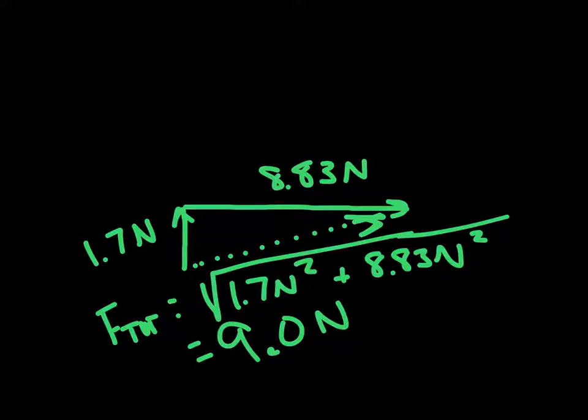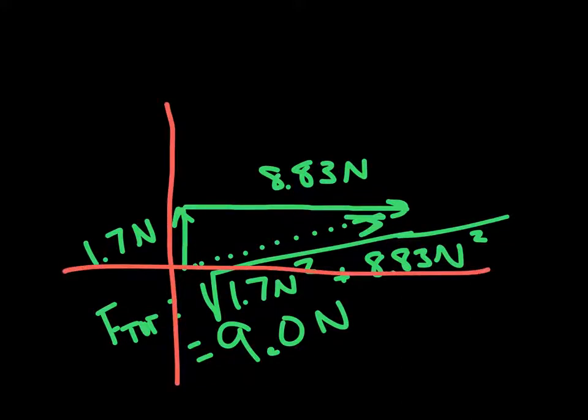Next big question is, what angle to the x-axis is this? Let's draw xy axis. Okay, so looking at this, what is the angle to the x-axis? You can choose this angle here, or you can choose this angle here. I don't care which angle you go after.